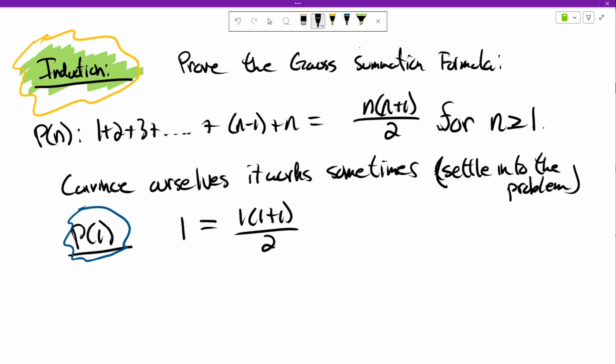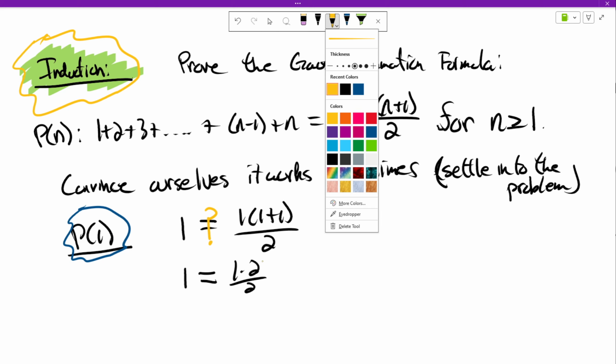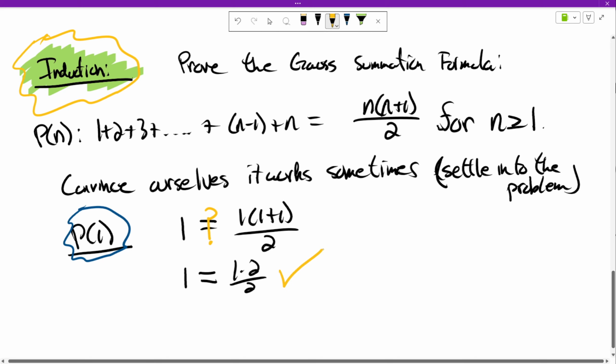Now we have to compute both sides to see if it's true. On the left-hand side, there's no computing: 1 is just 1. On the right-hand side, we have 1 times 2 over 2, which is of course equal to 1. So we're golden. I'll do a golden check because we're golden. It seems to work when n is equal to 1.